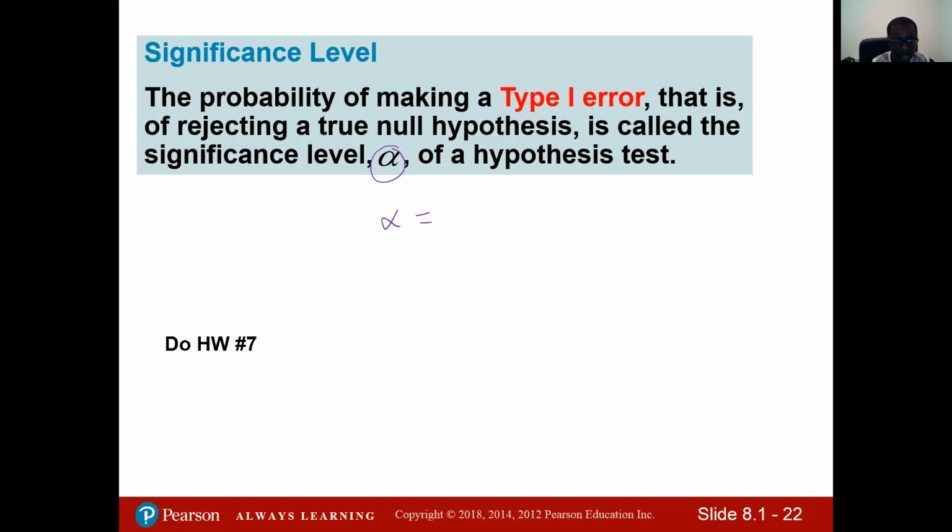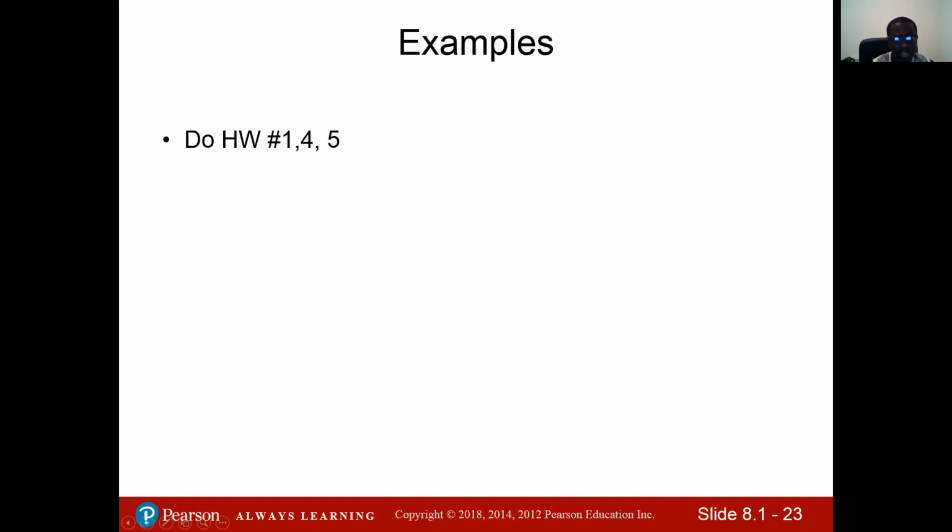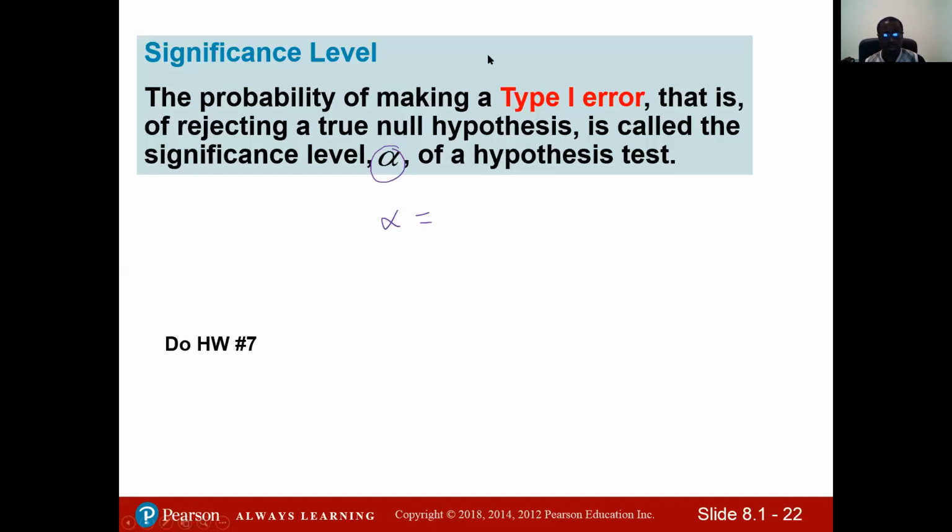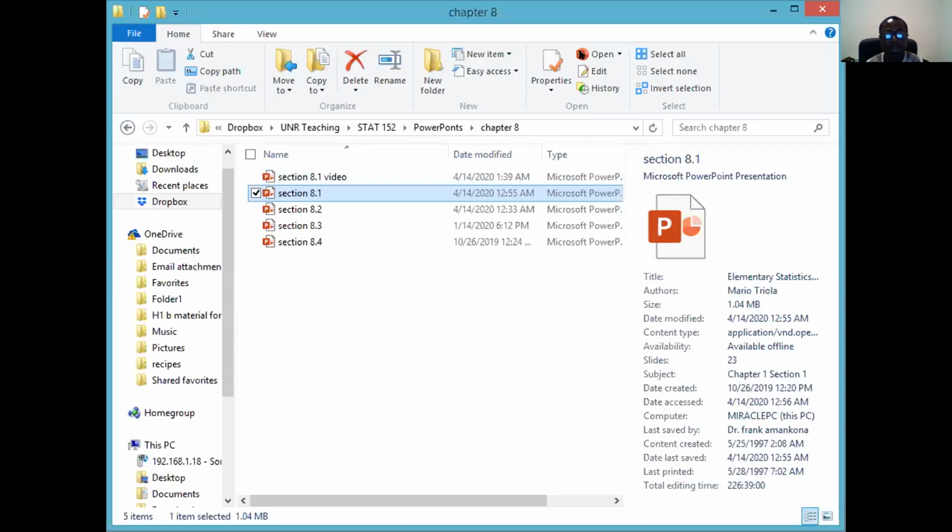I'll do other examples on Wednesday, and then we'll finish this section. Let me share my screen.